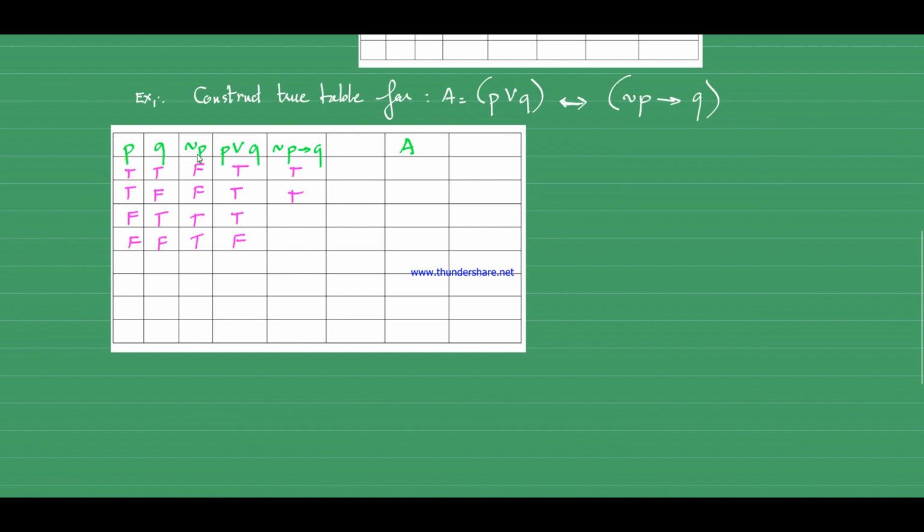This implies this, I'm sorry: negation of P implies Q. So false to true will be true. False to false: you don't pass the course, you don't get the watch, so it will be true. True to true will be true. And true to false will be false. So you pass the course, but you don't get the watch, so it will be false, because of the consequent.